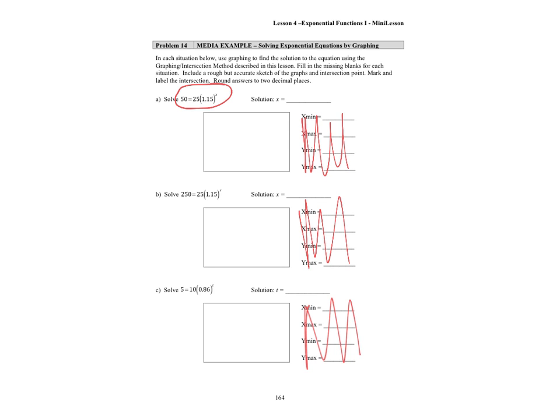What we're going to do is put this in Desmos, and I want you to make a note of what we're putting in. In the first part, we're going to put y equals 50. And in the second part, we're going to put y equals 25 times 1.15 to the x.